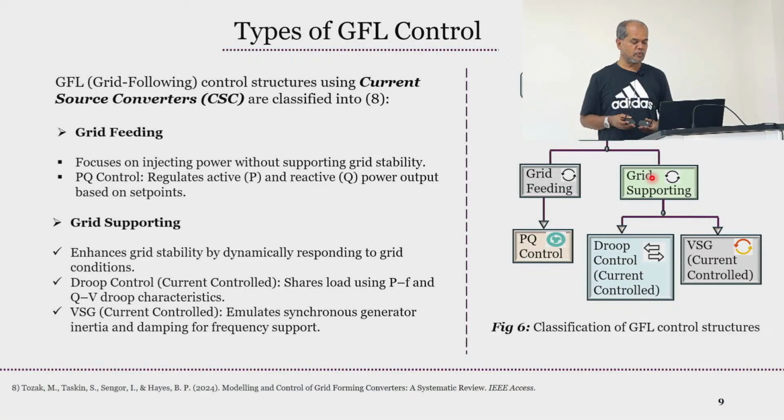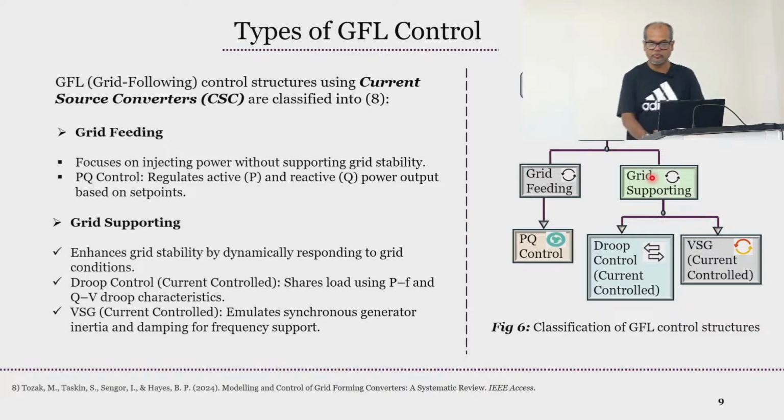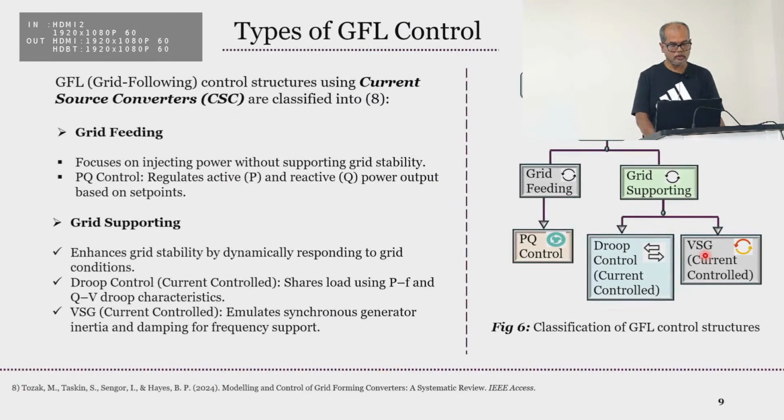But if you want to support the grid, then sometimes people use droop control, or voltage source control, like virtual synchronous machine type control as well. So if you are grid supporting, you are dynamically responding to the grid.